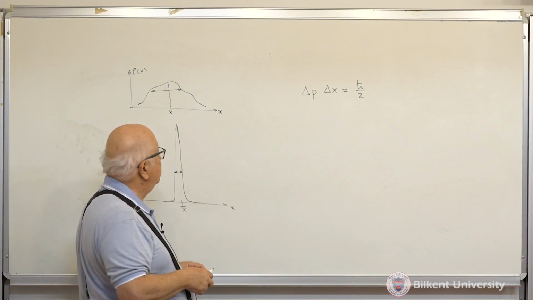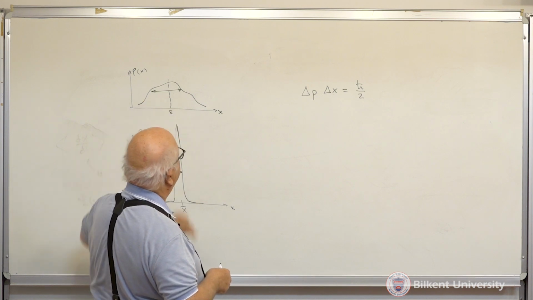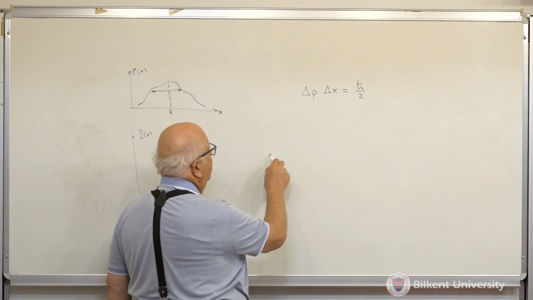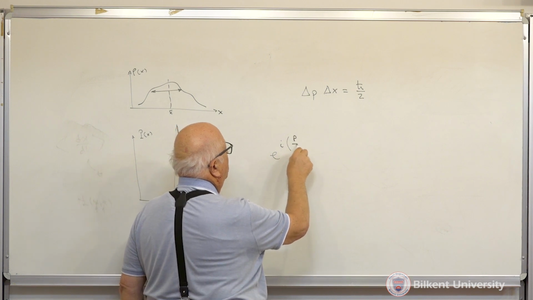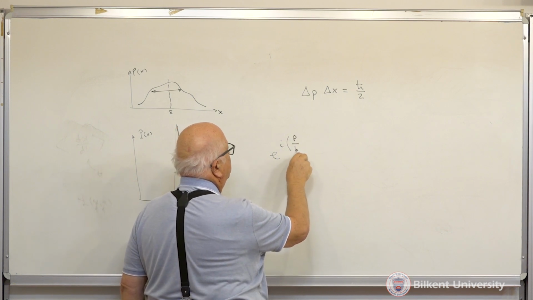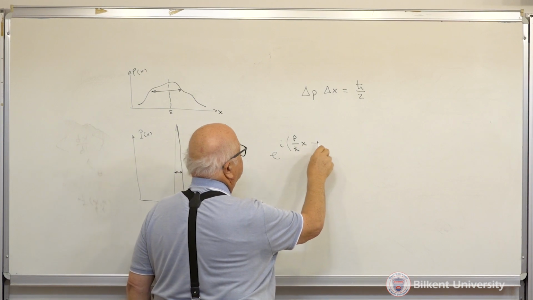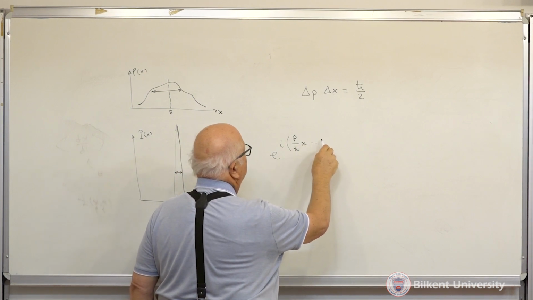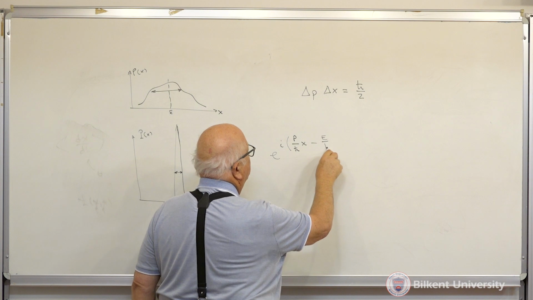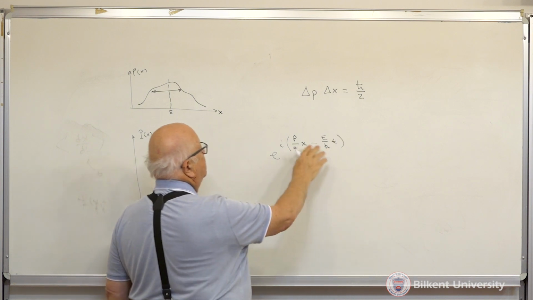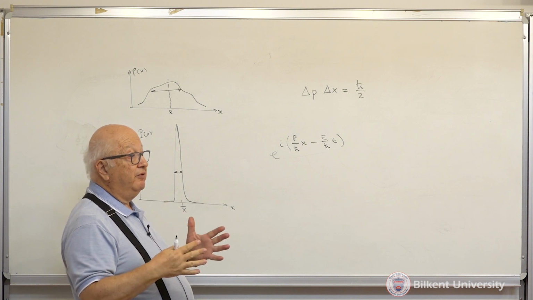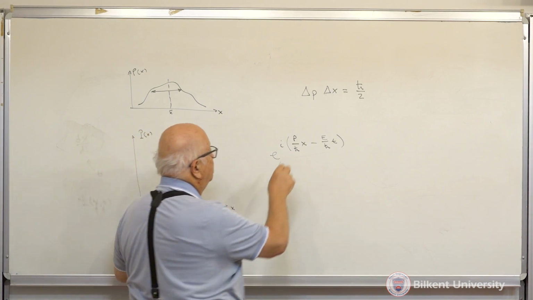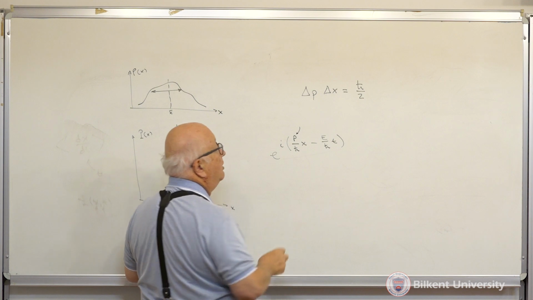Now, remember that if I had a wave in the form e to the i, p over h bar times x minus omega t, where omega is energy over h bar, we said that this was an electron wave with a certain definite momentum.